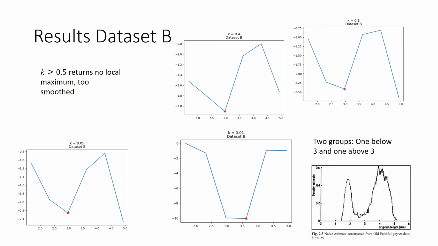If you put 0.4, it looks like the top middle diagram, in which you have a minimum at 3. The less you smooth, the more it represents the sample data, and the more you smooth, the higher the k value is.